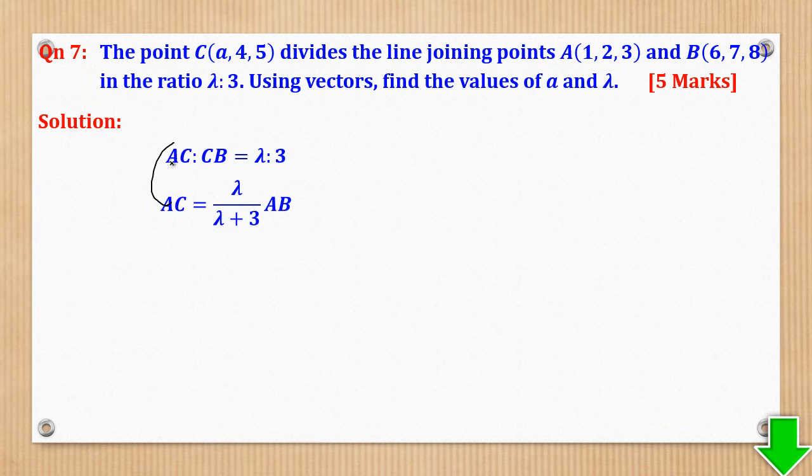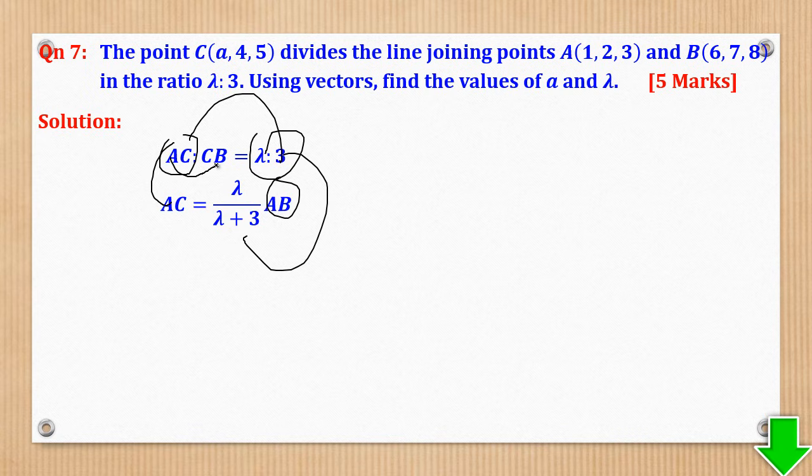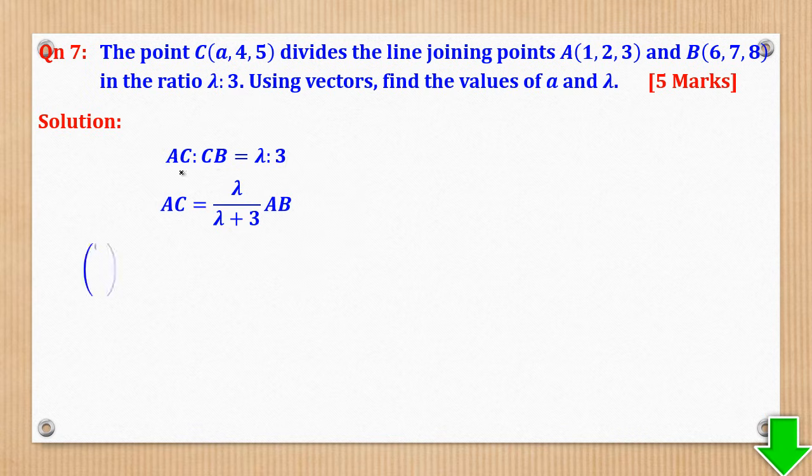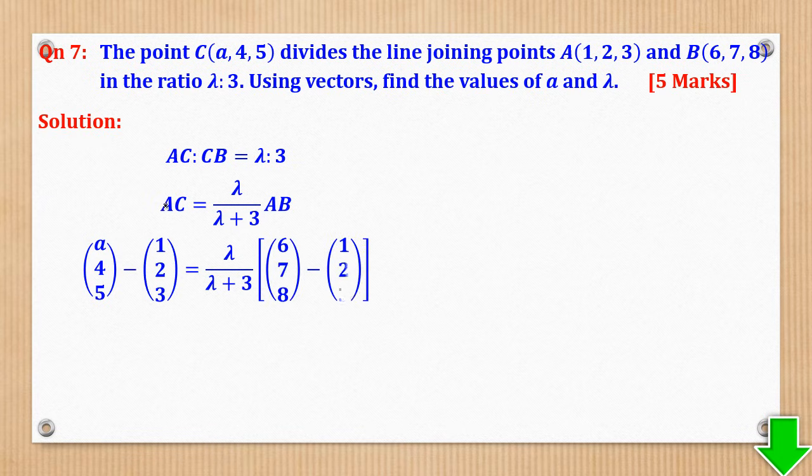So AC is equal to lambda over the total ratio times AB, which is this. That is the ratio theorem. So substitute: AC is the same as OC minus OA. This is there. Then AB is the same as OB minus OA.